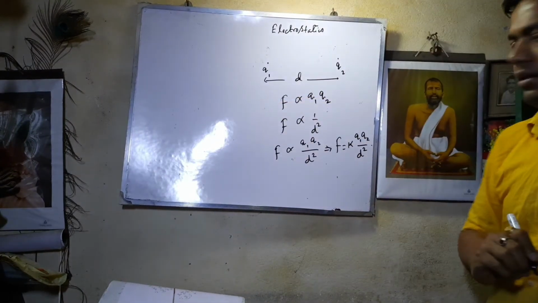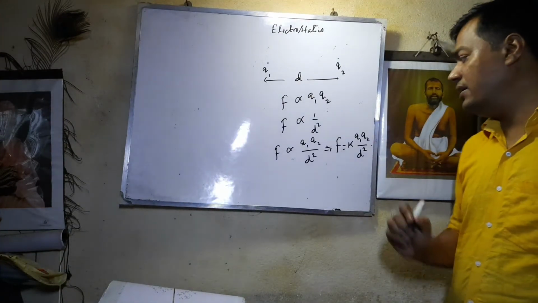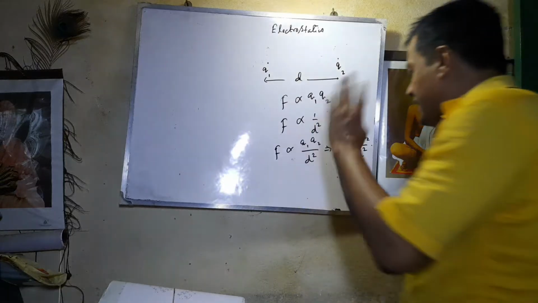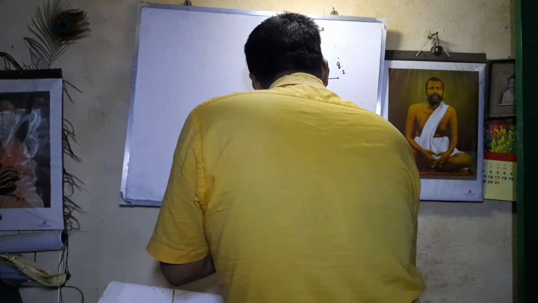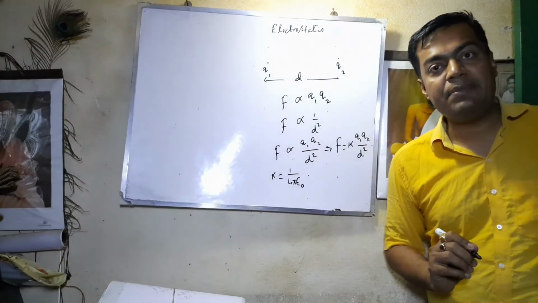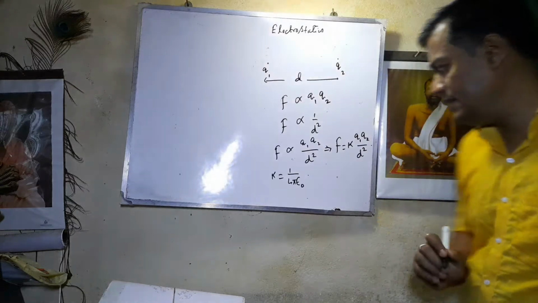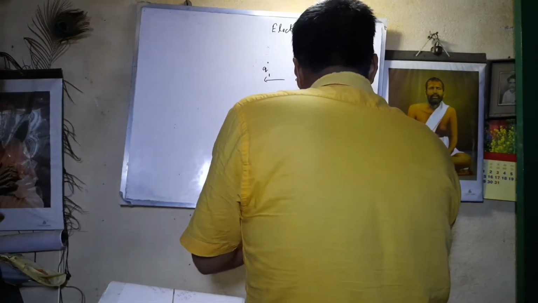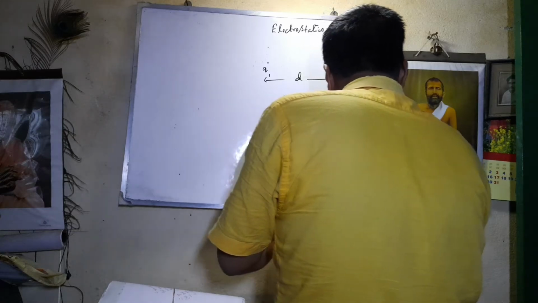If we consider the calculation in the SI system and for free space, then K is written as K equals 1 by 4 pi epsilon naught, where epsilon naught is known as the electrical permittivity of free space. Its value is given by 9 into 10 to the power 9 Newton meter square per Coulomb square.